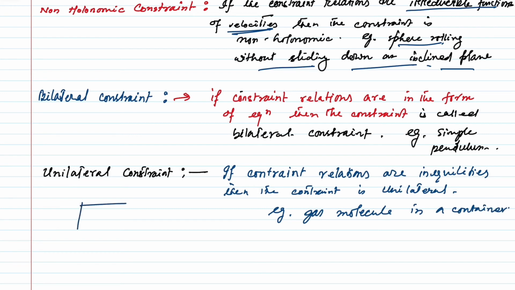Suppose this is a container and this is the particle, with position vector r, and it is a cuboidal box of dimension L, then r is always going to be less than or equal to L. So it is an inequality relation, and such constraints are known as unilateral. Hope you have understood this.